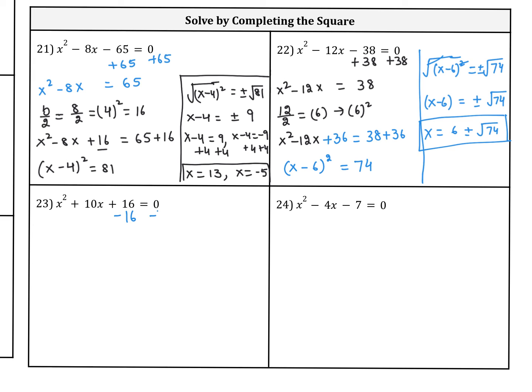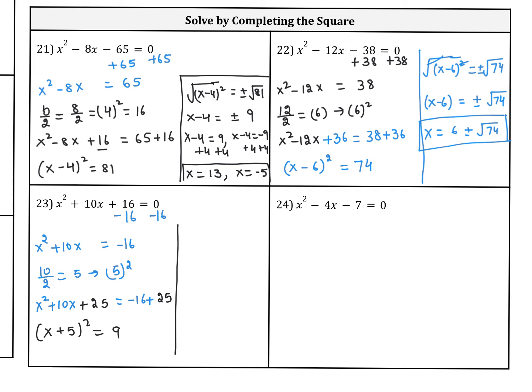Add negative 16 on both sides. You get x squared plus 10x equals negative 16. You're going to divide b by 2, square it, and add on both sides. So you get x squared plus 10x plus 25 equals negative 16 plus 25. You get x plus 5 squared equals 9.